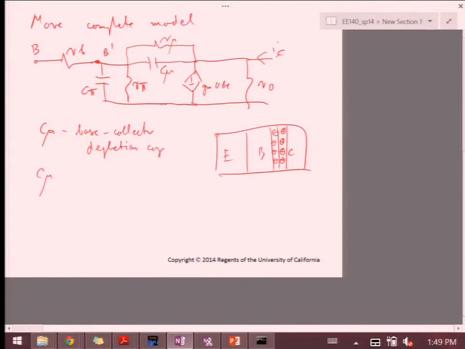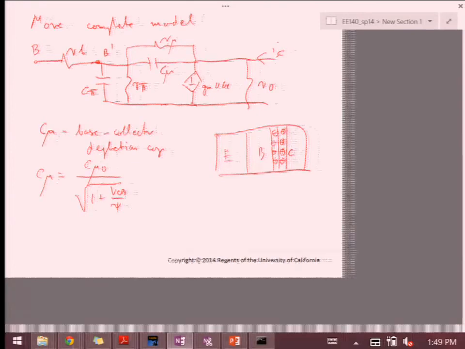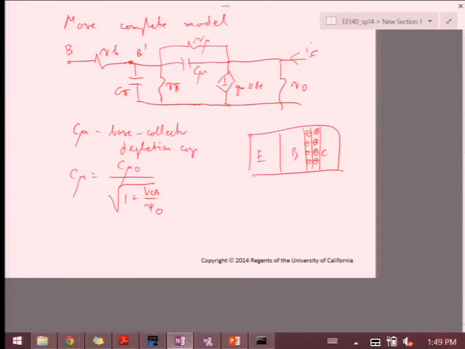There is some zero-bias capacitance. Then, as I apply a bigger voltage to the collector-base junction, that depletion region expands, so my capacitance drops, because I'm expanding the distance between the two plates of the capacitor. And this phi is my built-in potential.